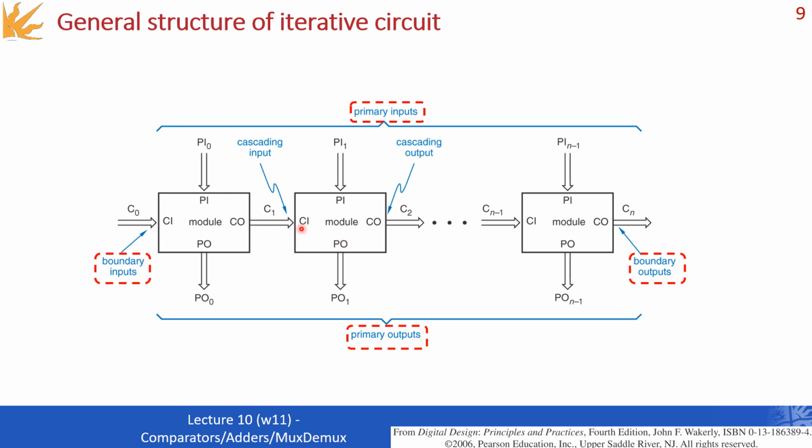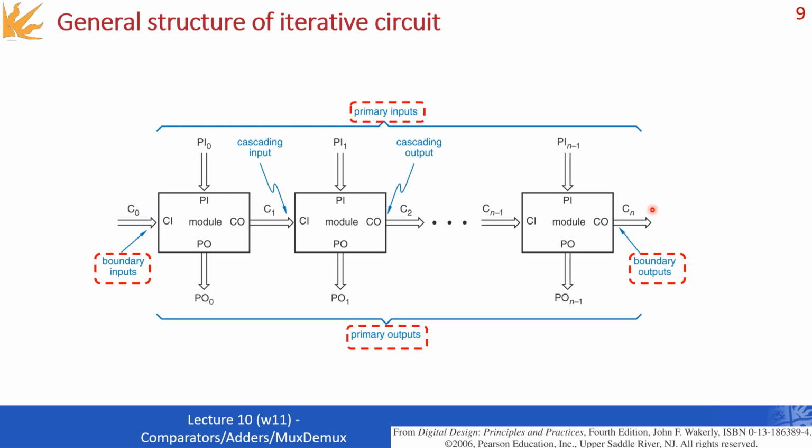So C1, for instance, is a cascading input when we talk about this circuit. And there you will have a cascading output, which will be passed to the next circuit, and so on. And at the end, you will have some boundary outputs, which, depending on the use of this iterative circuit, can be ignored or not.